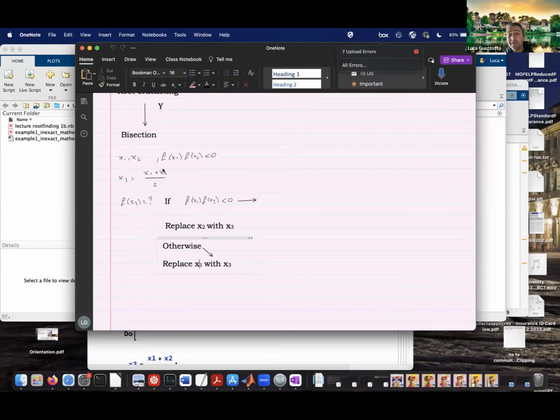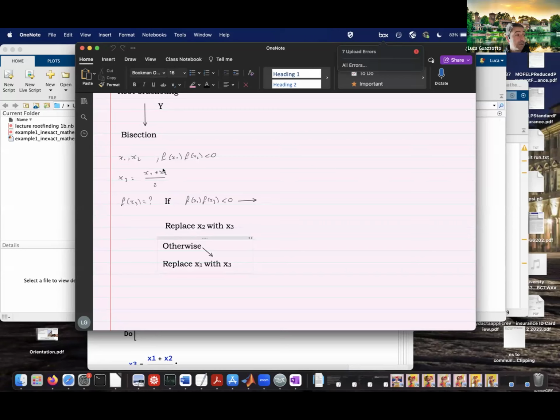In principle, it could happen, but I'm working again with inexact, I don't know if that's an official word, but that's how I think of it, inexact mathematics, meaning I'm not going to be able to represent any real number exactly.